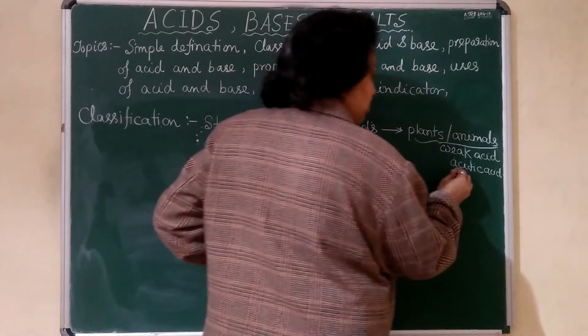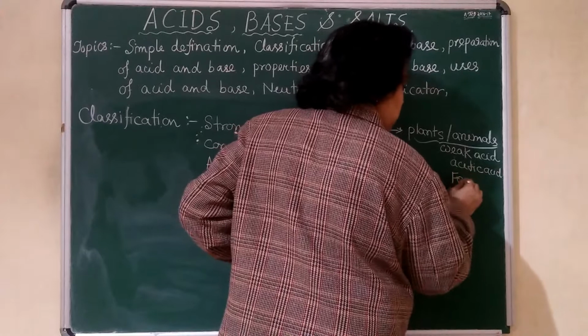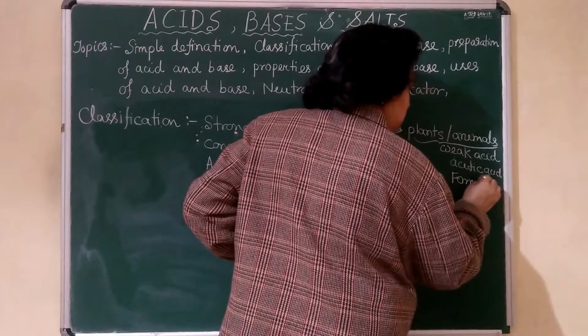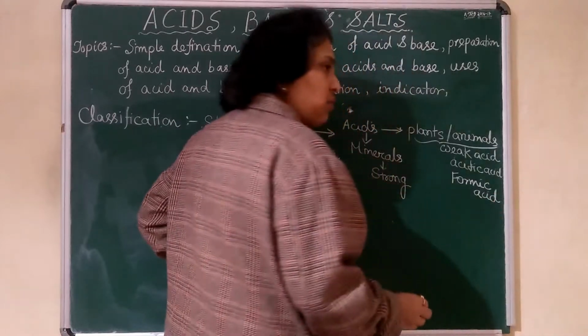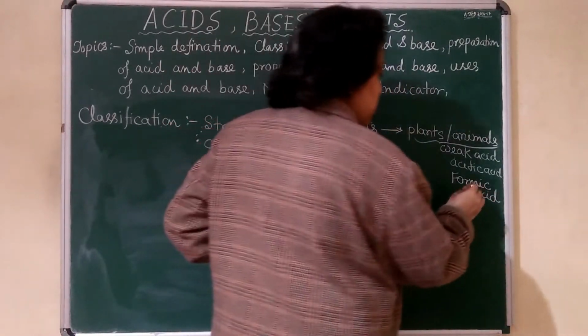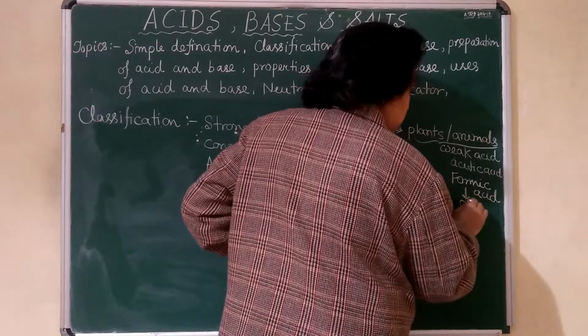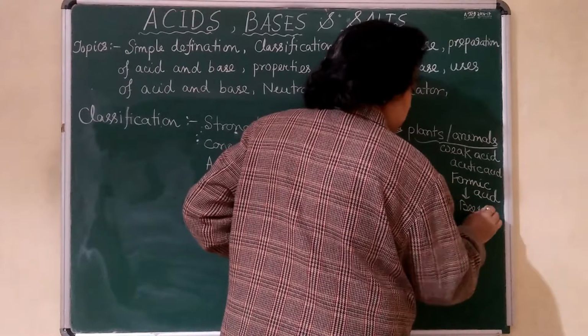Then formic acid. You have heard about this formic acid in organic chemistry. Why is it present? It is present in bee sting. Okay, bee sting.